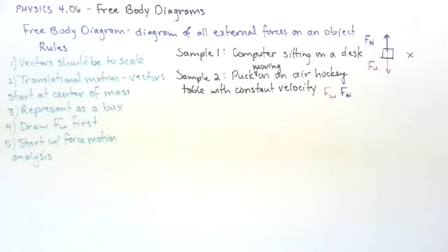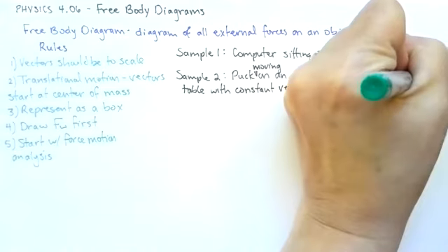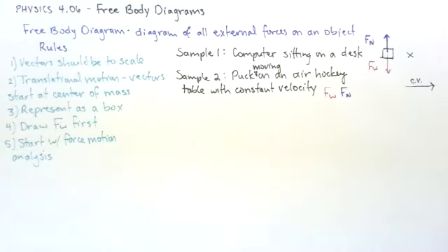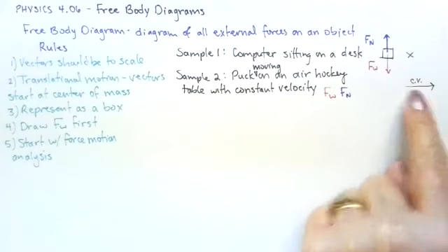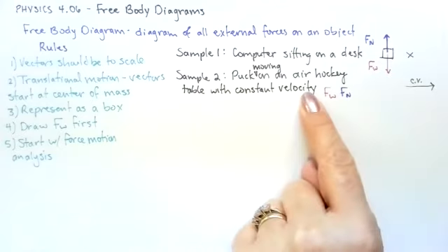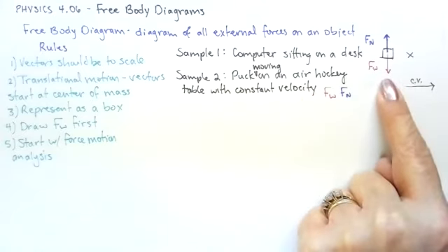So the other thing I know, I'm going to start abbreviating constant velocity to CV. It doesn't say that I'm striking the puck and getting it to move. It just says the puck's moving on an air hockey table with constant velocity. That's the same free body diagram as if it's sitting still.